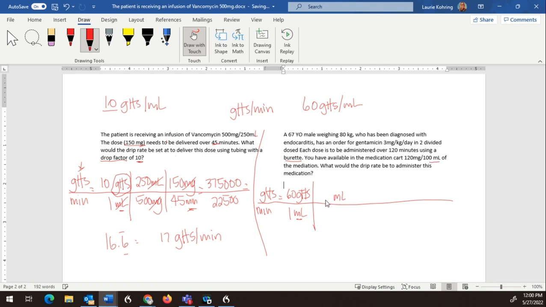I see it here. It comes with 120 milligrams. Now I know I need milligrams up here so that I'm able to cancel out the milligram down in the denominator space there. And I see 3 milligrams per kilo per day.